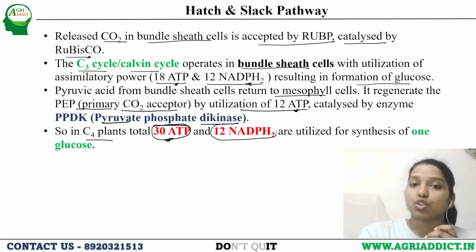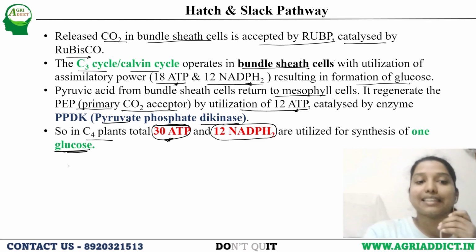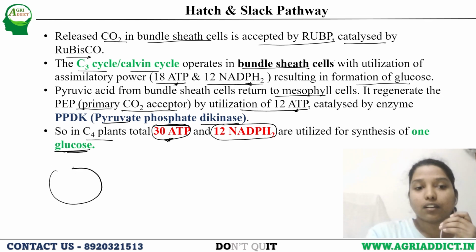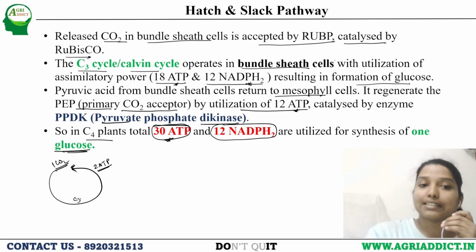12 NADPH2 is required for one glucose formation. See, in this one cycle, one carbon dioxide is getting fixed. Okay. Here, 2 ATP is required for that regeneration. And here, one C3 cycle is also running, right?